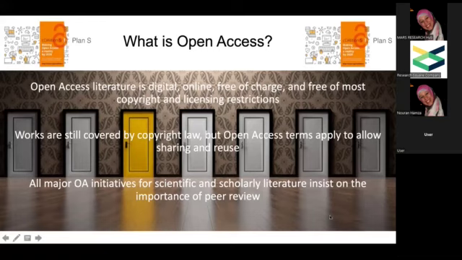All major open access initiatives, however, if you publish your work in an open access journal, it's still going to get peer reviewed. We're not talking about moving away at all from a model of peer review in the scholarly literature, in the research literature.